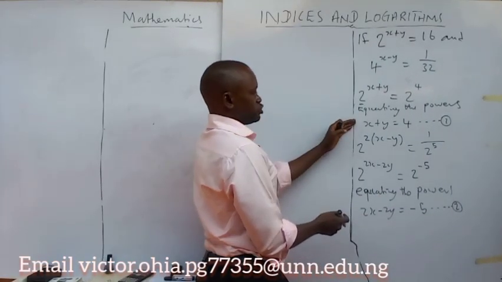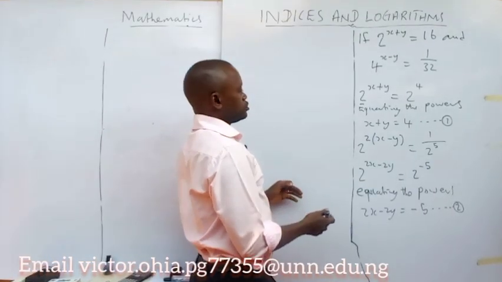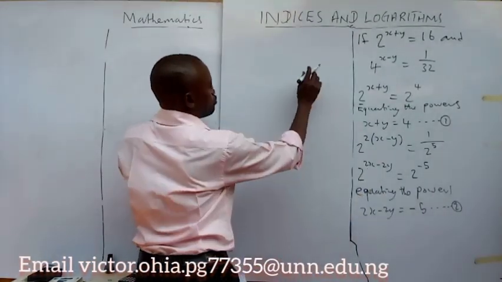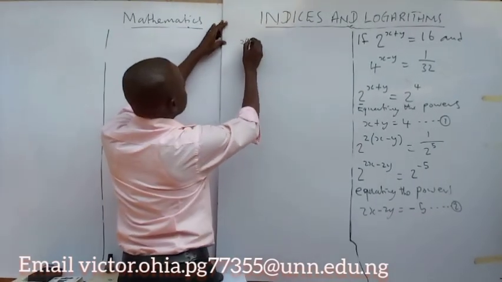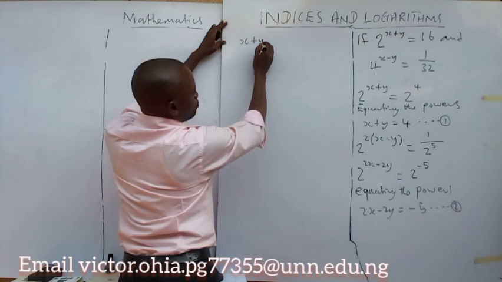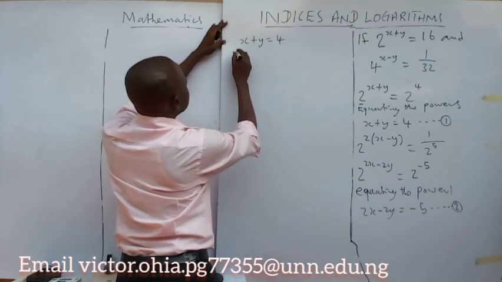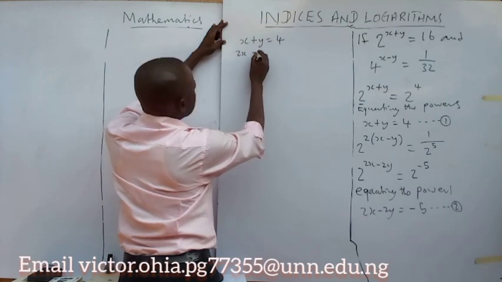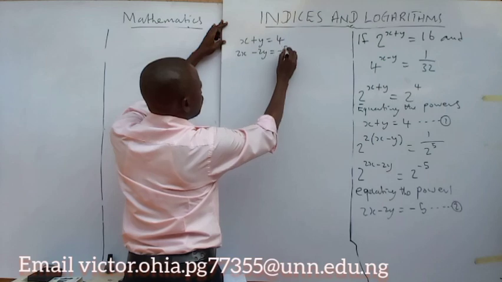So I now have equation 1 and equation 2, which I can now solve. Let's just check out what they look like before I decide what to do. From the first equation, we have x plus y equals to 4, and down here I have 2x minus 2y equals to minus 5.